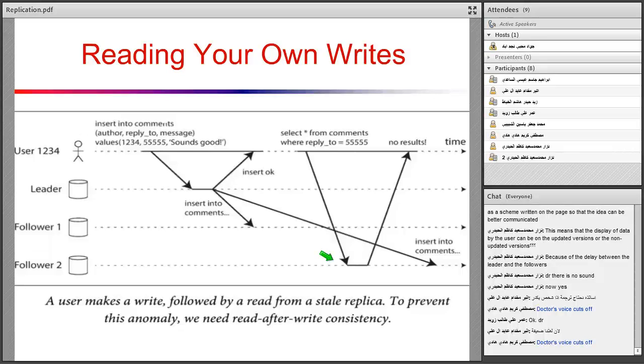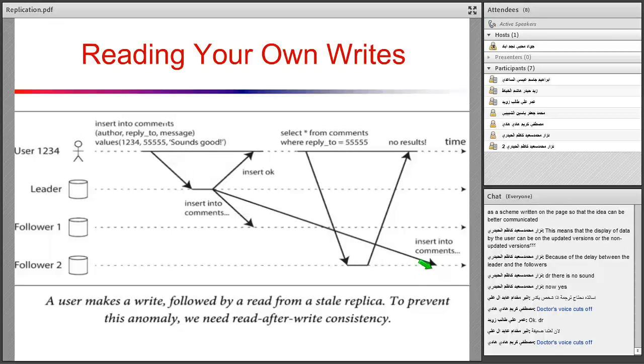So when this query is sent from the user to the follower, the follower has not updated information, so there is no result for the user, and the user cannot read their own write.